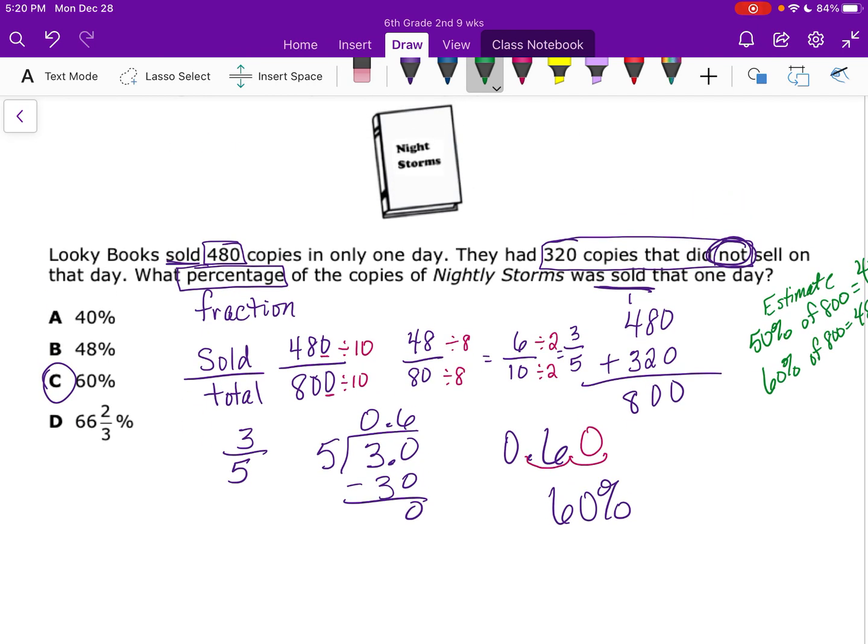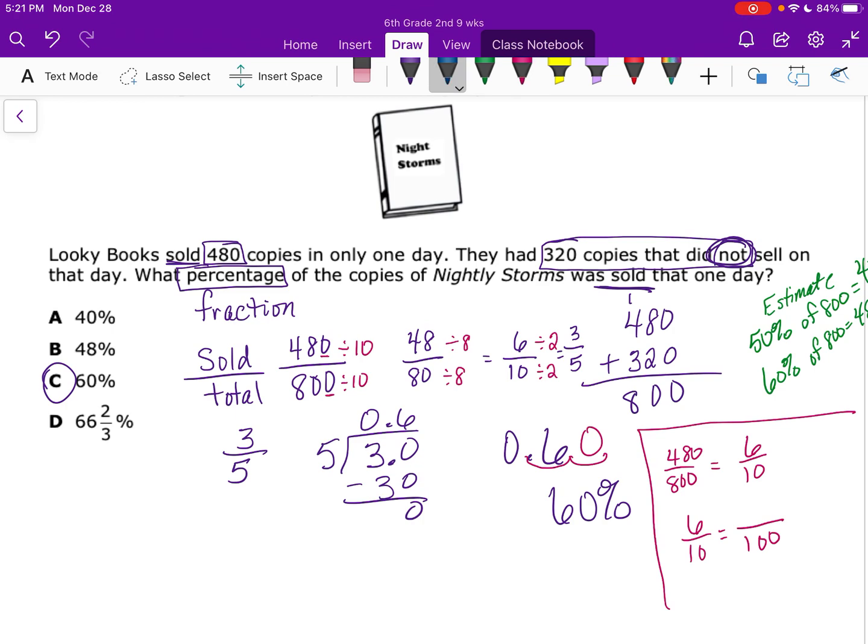And let me just remind you of this too. This would just be another way that you could solve it. I was debating whether I should show you, but I'm going to show you. So we had 480 over 800, and we simplified it. Let's go down to 6/10. Remember, another way that you can get the percent is to make your denominator 100, because percent means per 100.